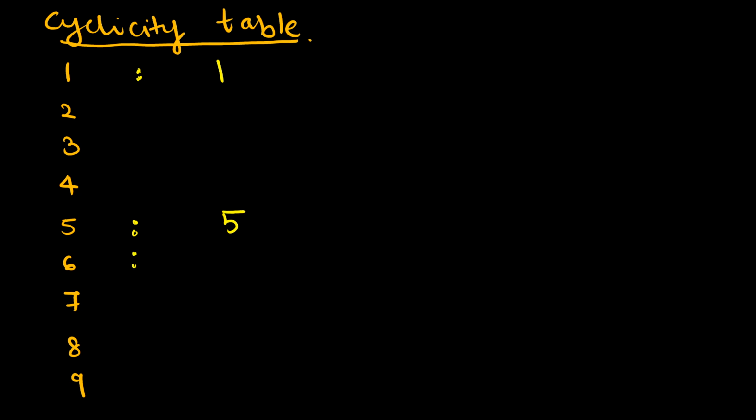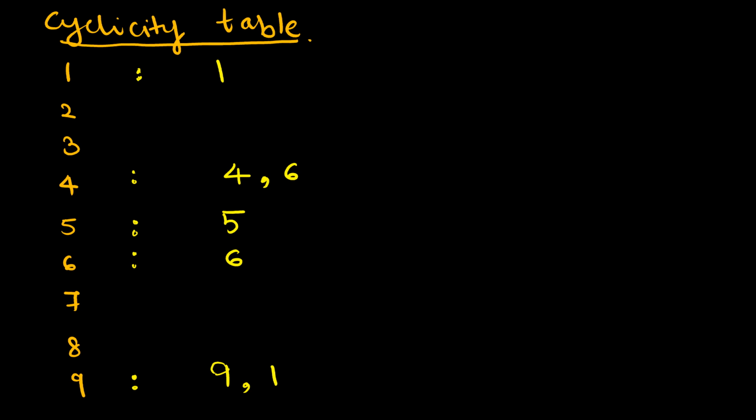For 6, the unit digit is always 6. Now for 4, the unit digit is 4 when the power is odd, and 6 when the power is even. Next is 9. The unit digit is 9 when the power is odd, and it is 1 when the power is even.